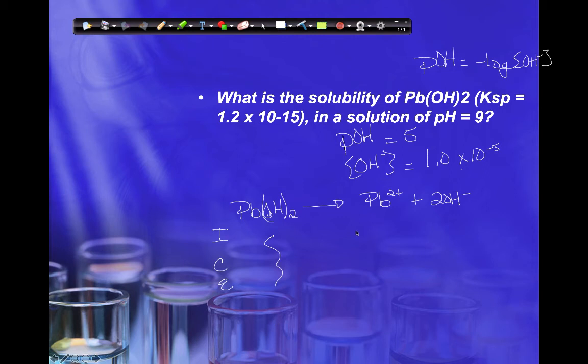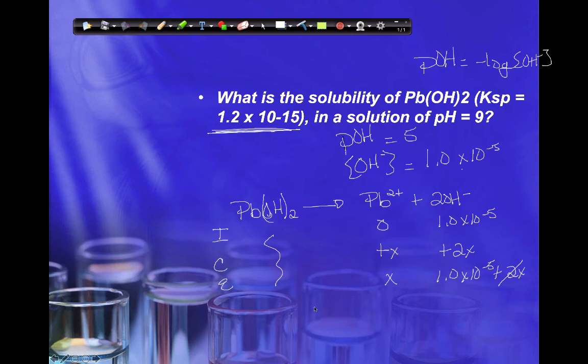Lead would be 0, but my hydroxide concentration is going to be different. It's 1.0 times 10 to the negative 5th. So I'm adding x here, but here I'm adding 2x. So I get x, and then I get 1.0 times 10 to the negative 5th plus 2x. Well, Ksp is very, very small here, which means I can assume that x, when it's being added to a number, is almost 0. So I can get rid of that.